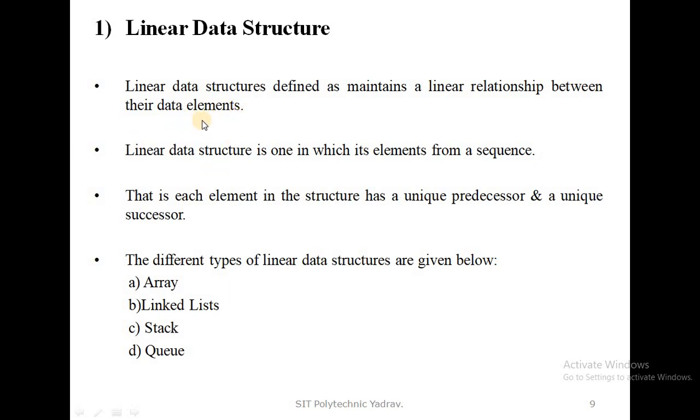Means that the data elements maintain a relationship with each other. Next point, a linear data structure is one in which its elements form a sequence. Means that in a linear data structure, elements are stored sequence-wise.